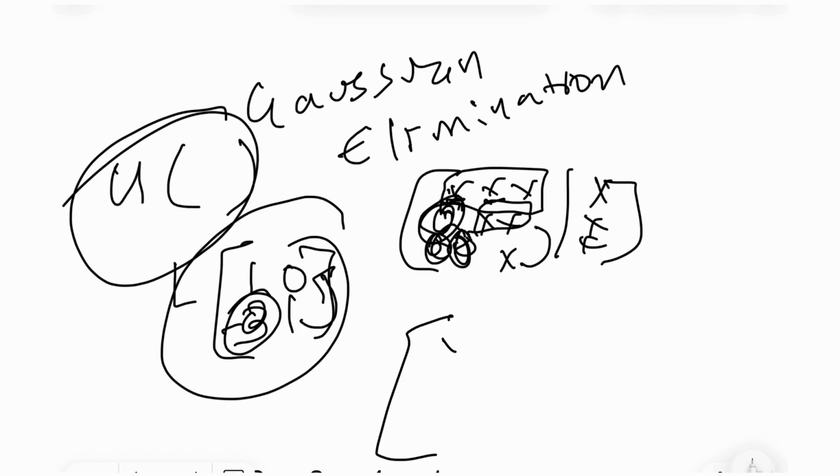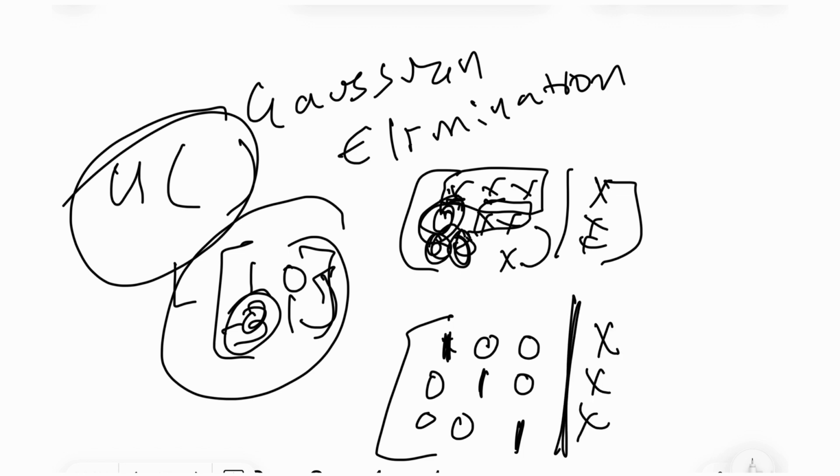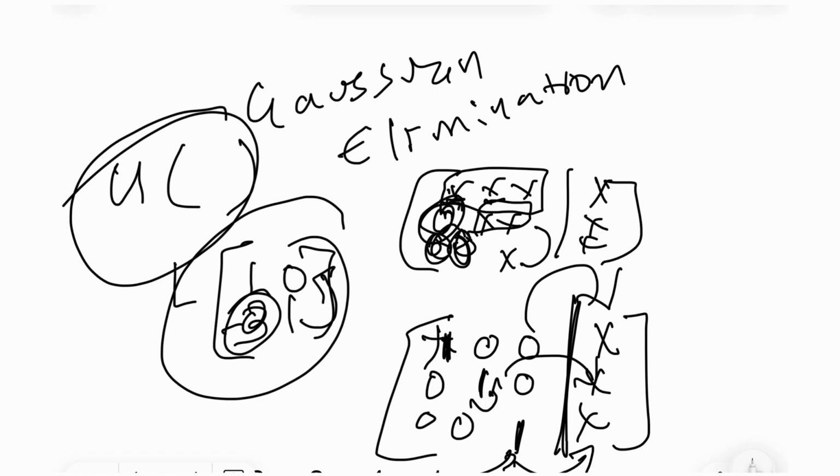Let's say I perform L's and U's and M's such that I get this matrix. So 1 multiplied by x is equal to this. 1 multiplied by y is equal to this. 1 multiplied by z is equal to this. I've just removed every single thing.